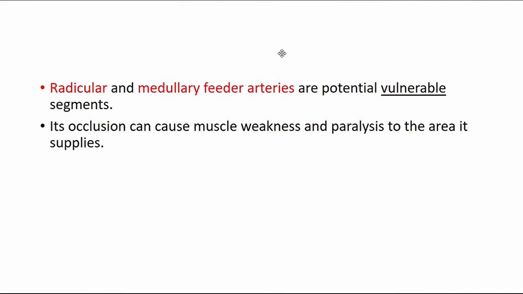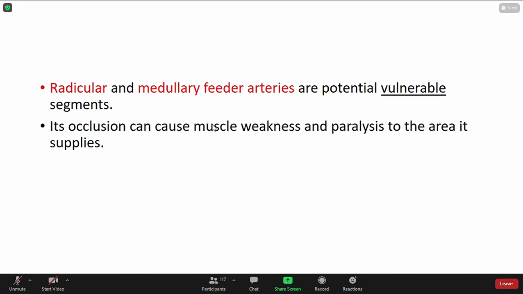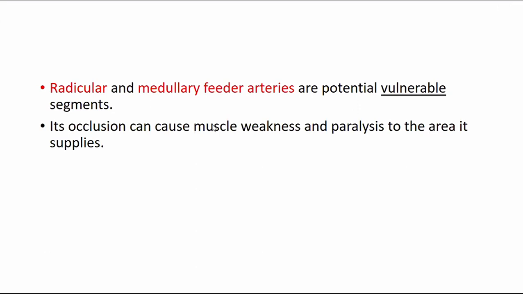Now, radicular and medullary feeder arteries are potential vulnerable segments because if for some reason these radicular and medullary arteries are compromised, or if there are pathologic disease entities in their specific areas, its occlusion can cause muscle weakness and paralysis to the specific area it supplies, because the anterior and posterior spinal arteries are insufficient in supplying the lower spinal cord below the cervical spine.